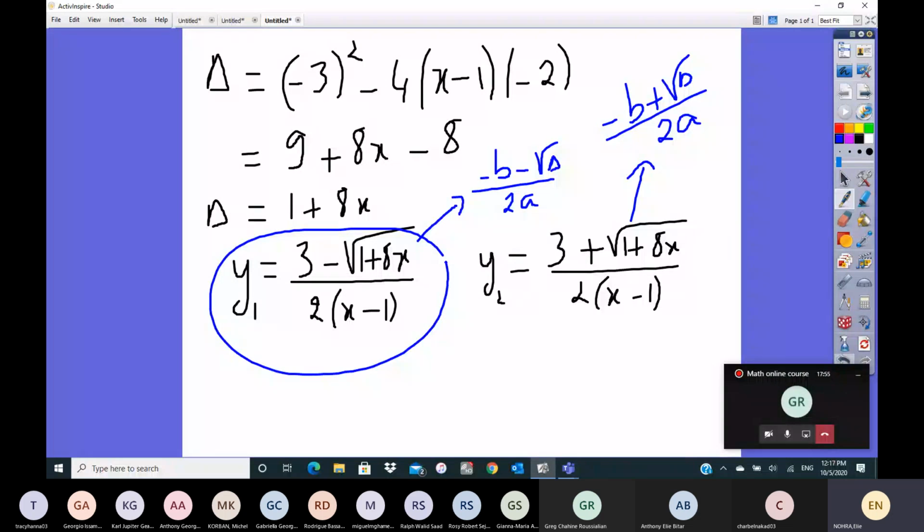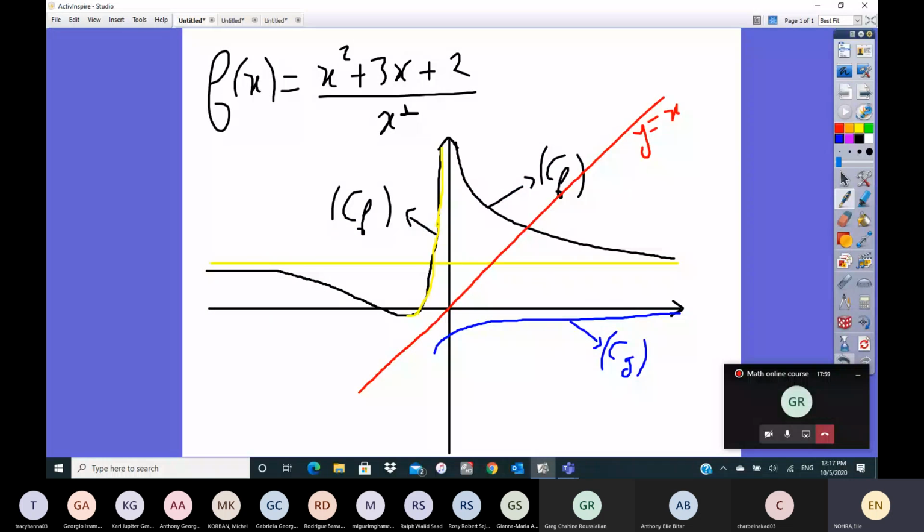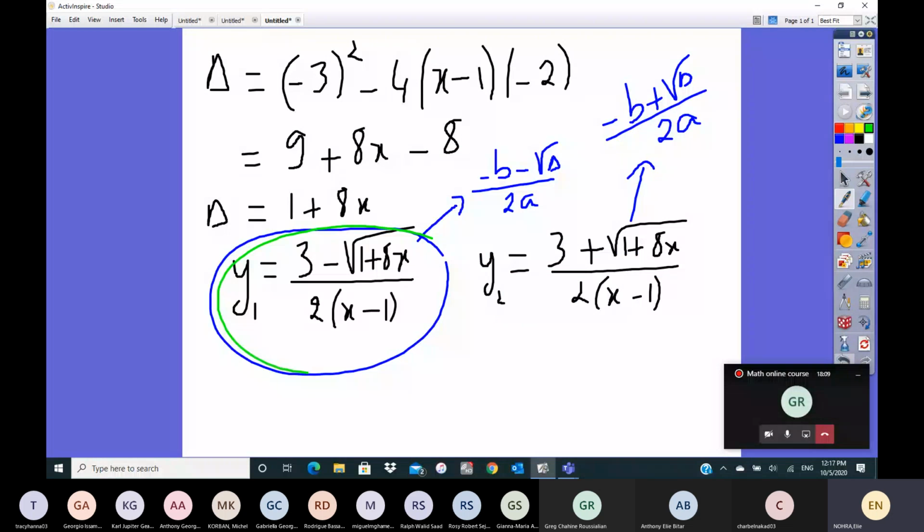Greg was saying that if you look at the curve, you notice that the curve of g is always below the x-axis, so the result should be negative, and this is why we choose this one and not this one. Repeat what you just said. I am very sorry, sir. No problem.